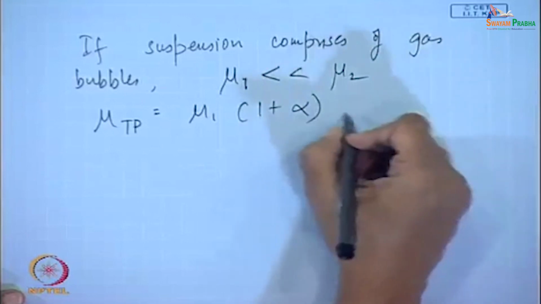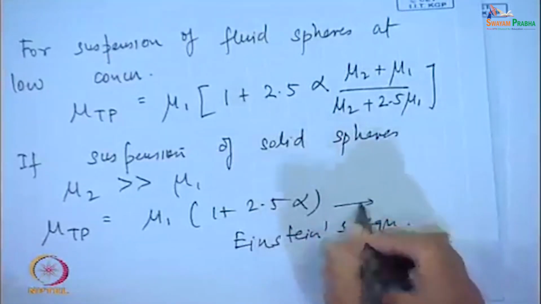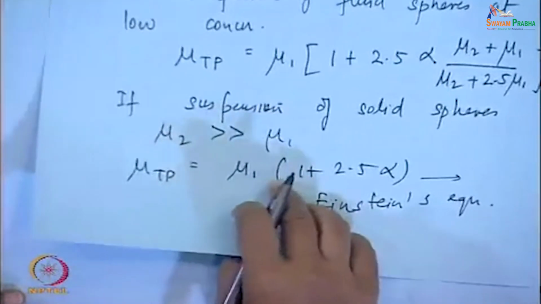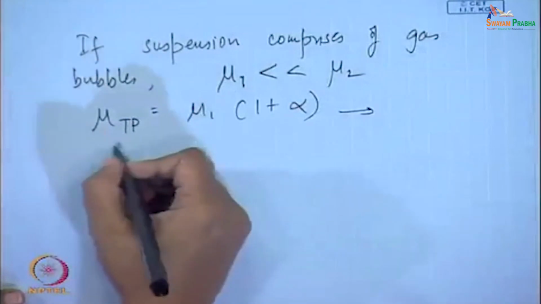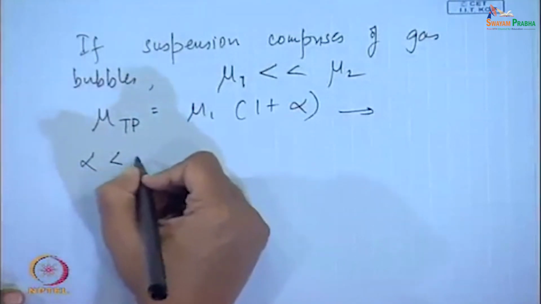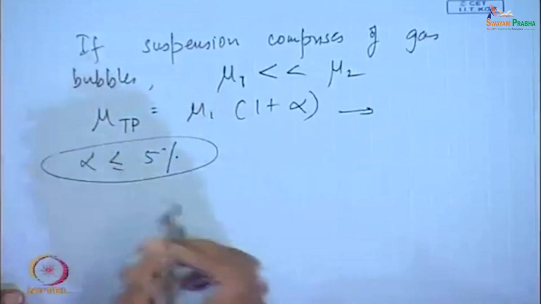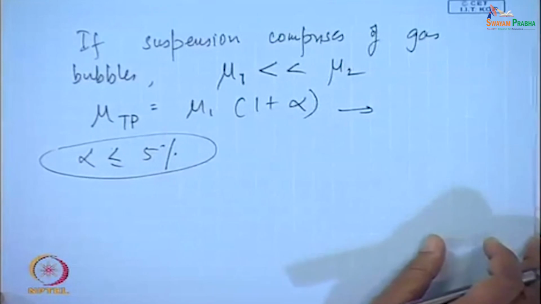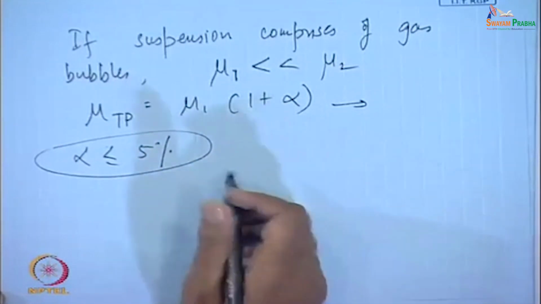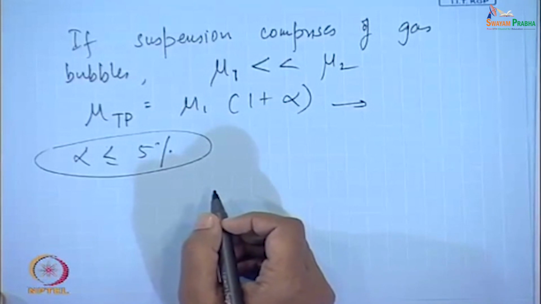Now, we know that both this particular equation as well as the Einstein's equation are valid for concentrations below 5%, or in other words when alpha is less than or equal to 5%. For such a situation only these two equations are valid. But for most of the circumstances we will be dealing with a larger concentration of the dispersed phase.